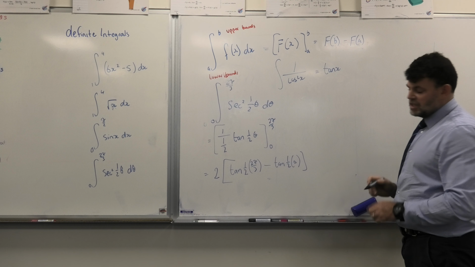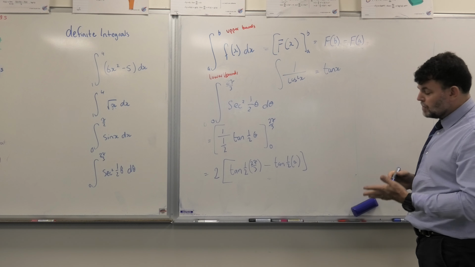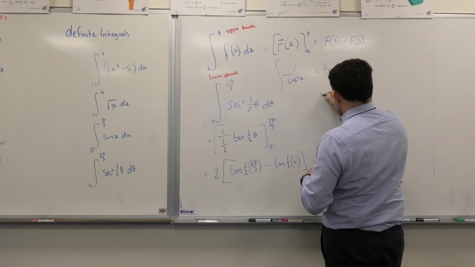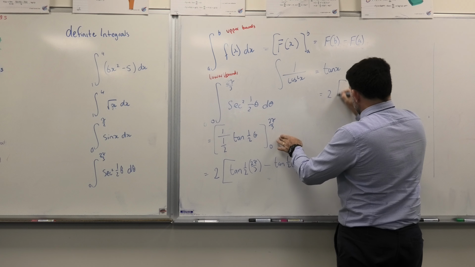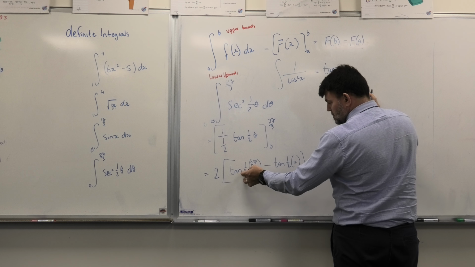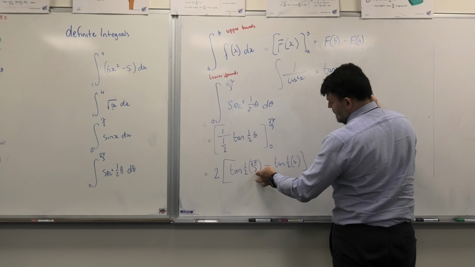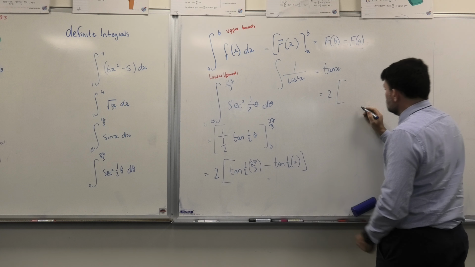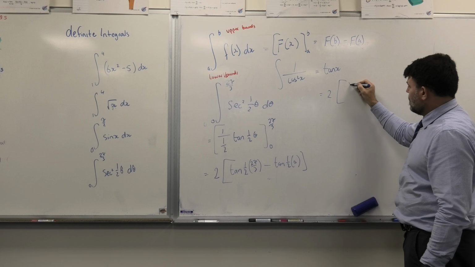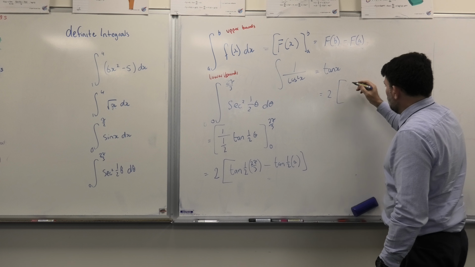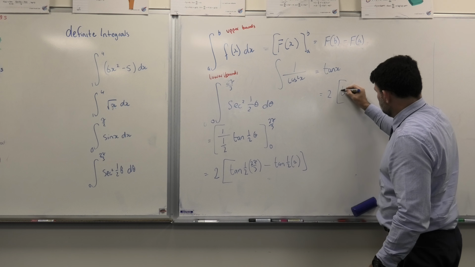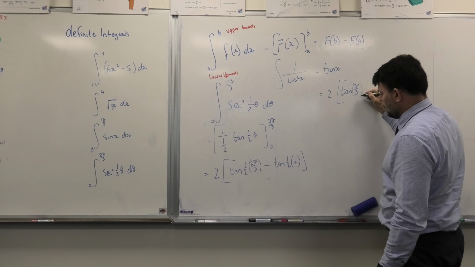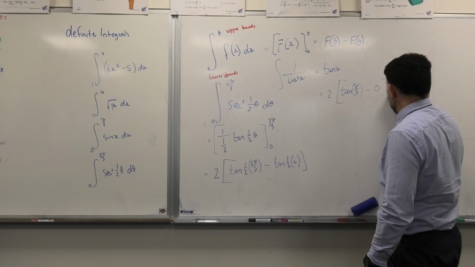If we continue this process, we can simplify this down. Half of 2 pi on 3 is 2 pi on 6, which is the same as pi on 3, minus 0.